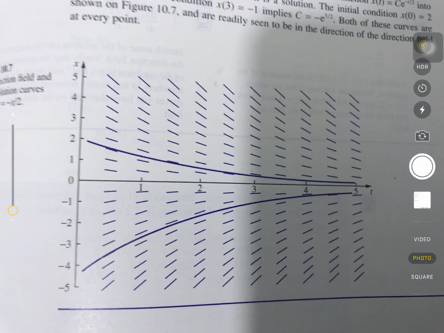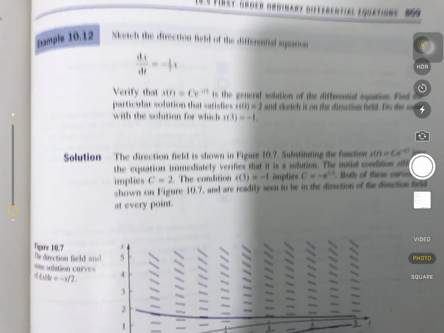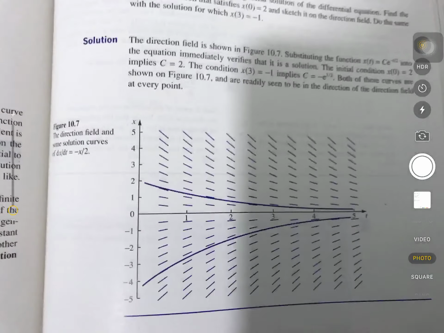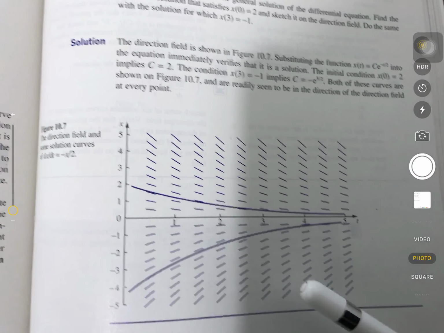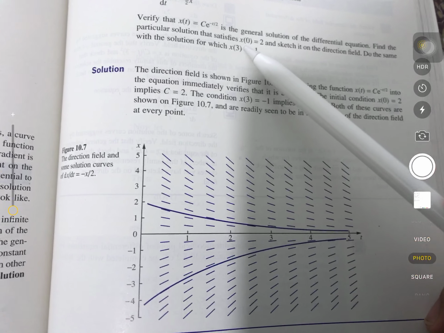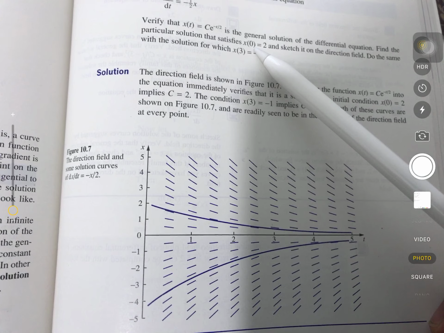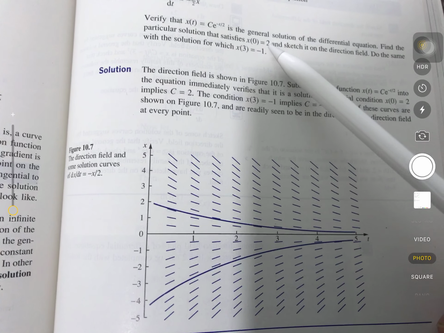This is the answer according to example 10.12 right here. If you look here, when t is equal to 0, x is equal to 2.